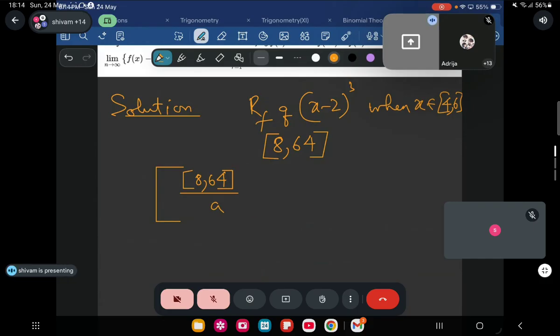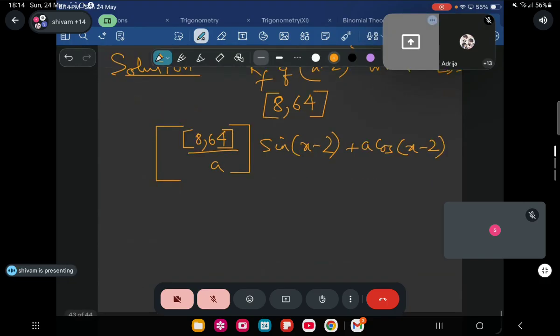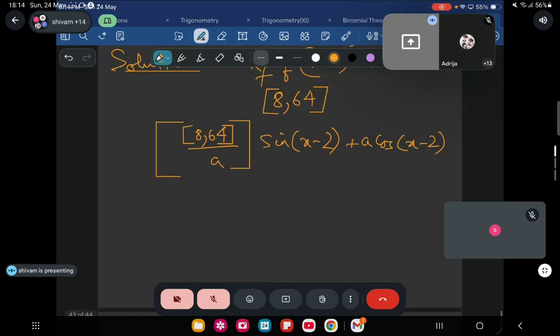Divided by a into cos of sine of x minus 2 into sine of x minus 2 plus a cos x minus 2. Okay, so box function. So over here, what should be the value of a? A should be greater than 64.